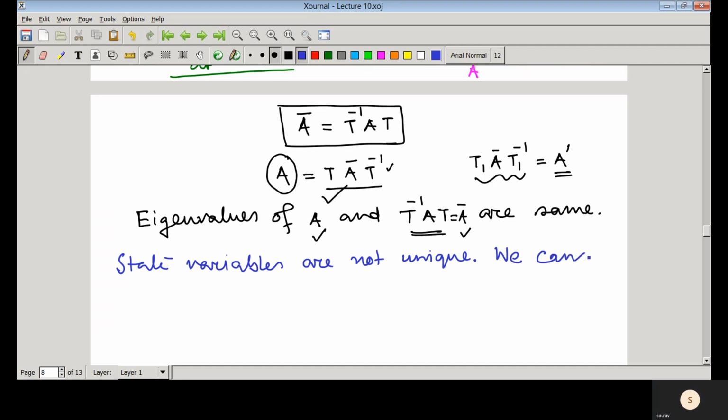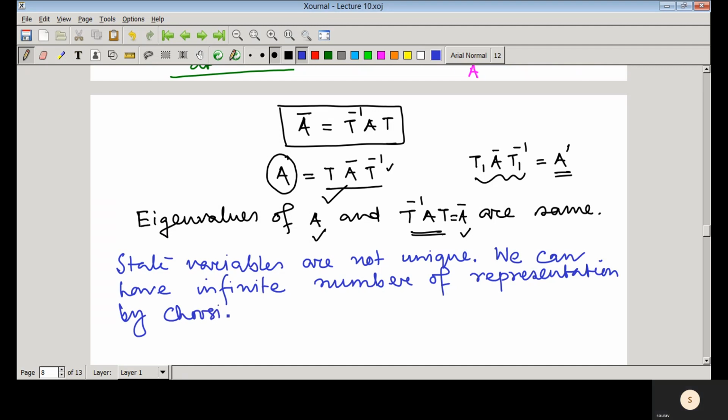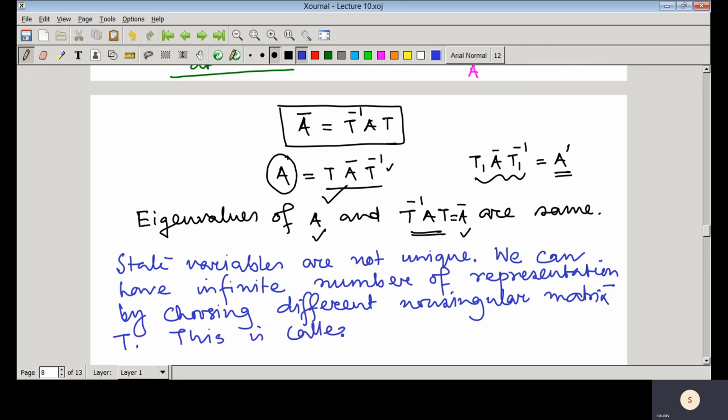We can have an infinite number of representations by choosing different non-singular matrix T. This is called similarity transformation.